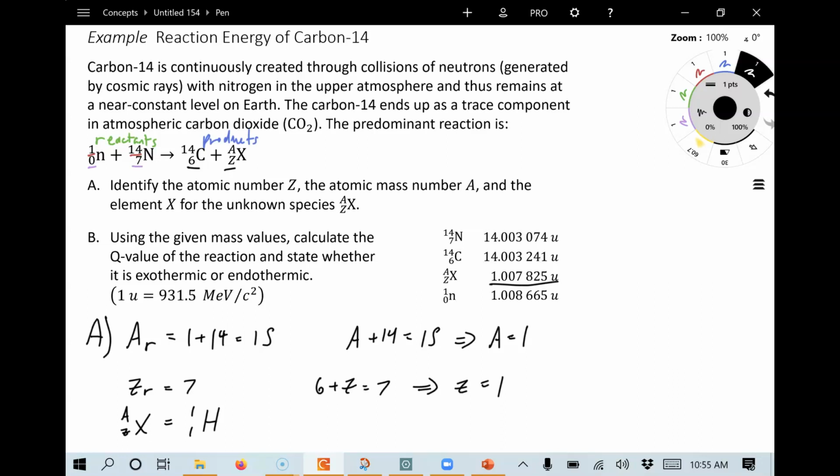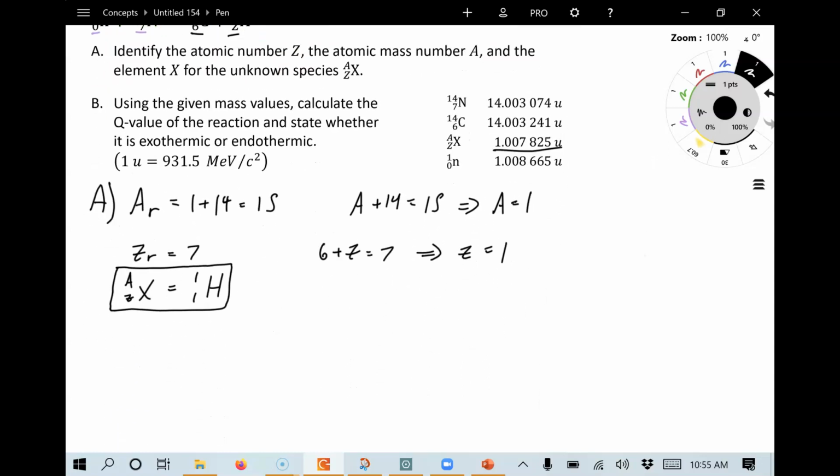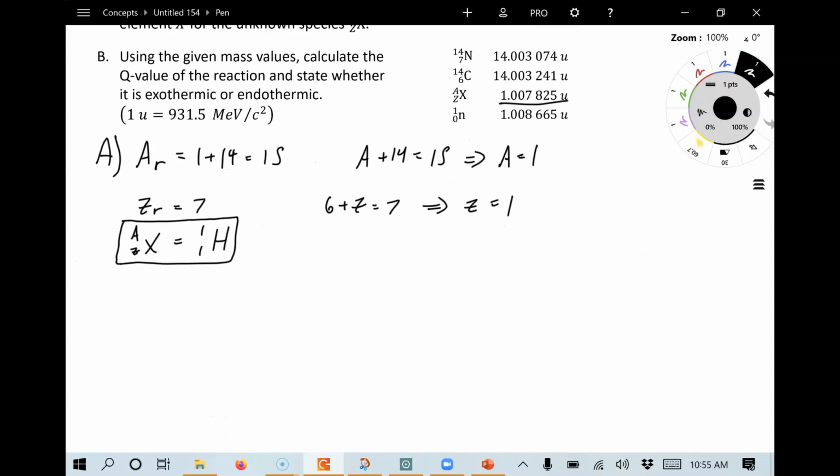All right, in part B, it tells us, using the given mass values, calculate the Q value of the reaction and state whether it is exothermic or endothermic. In this case, we're going to be calculating the energy that is released or absorbed in this reaction. Q value is just another way of stating that energy.